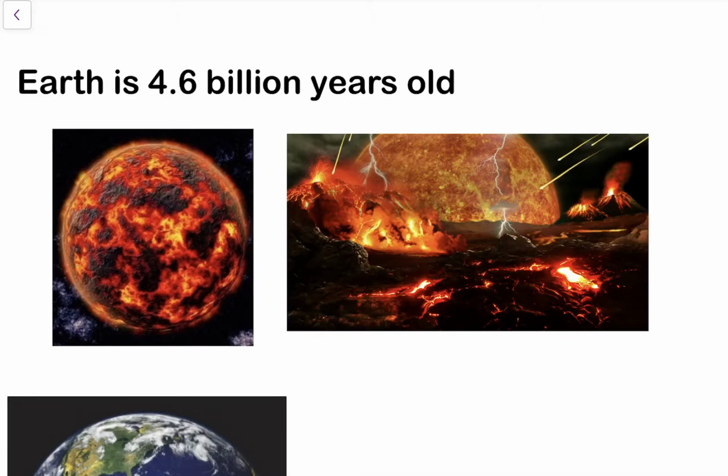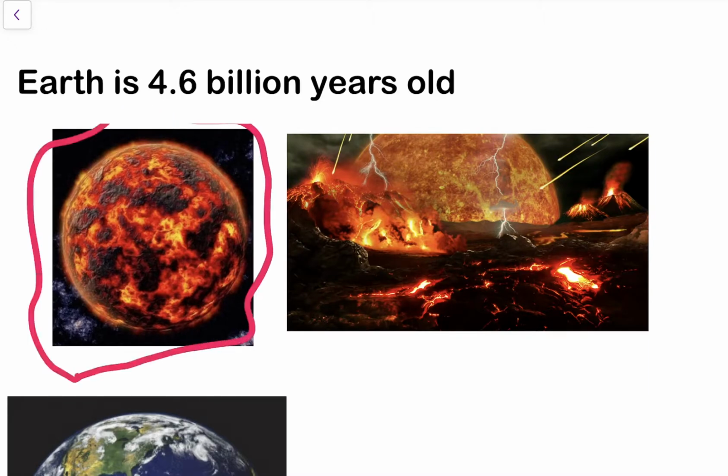4.6 billion years ago, it was probably just a really hot ball of molten rock, hot magma, like we see in this picture here. There was no land, there were no oceans, it was just a hot ball of volcanic activity.